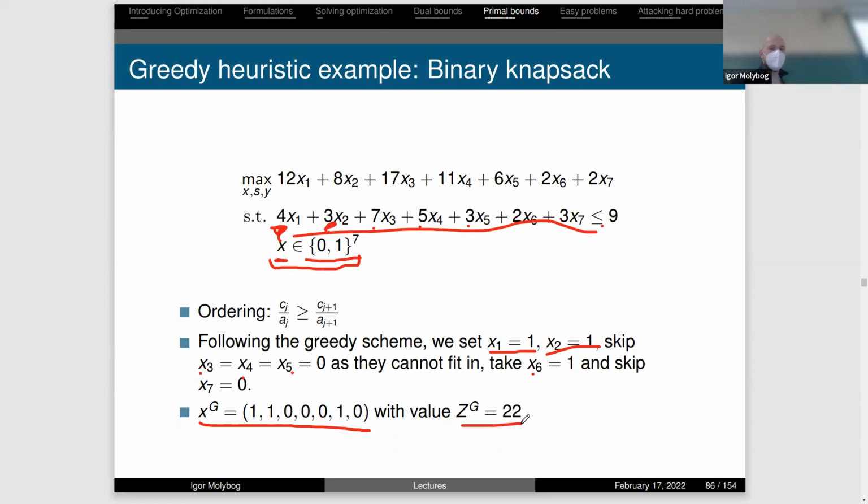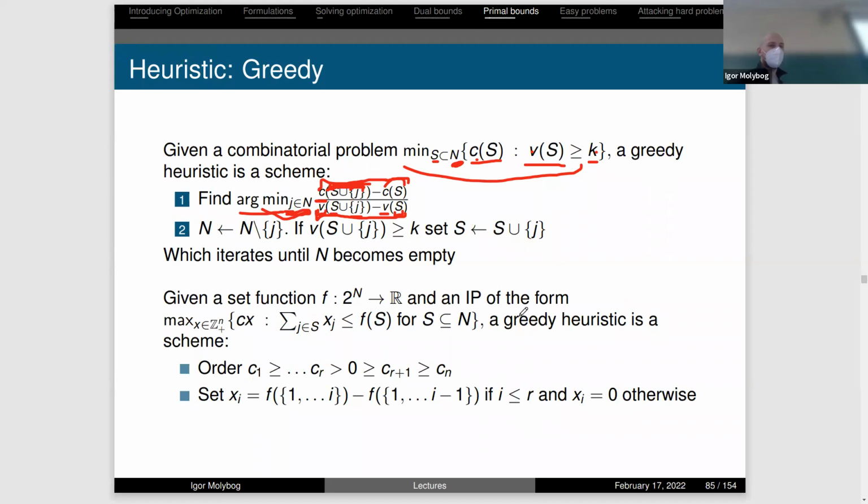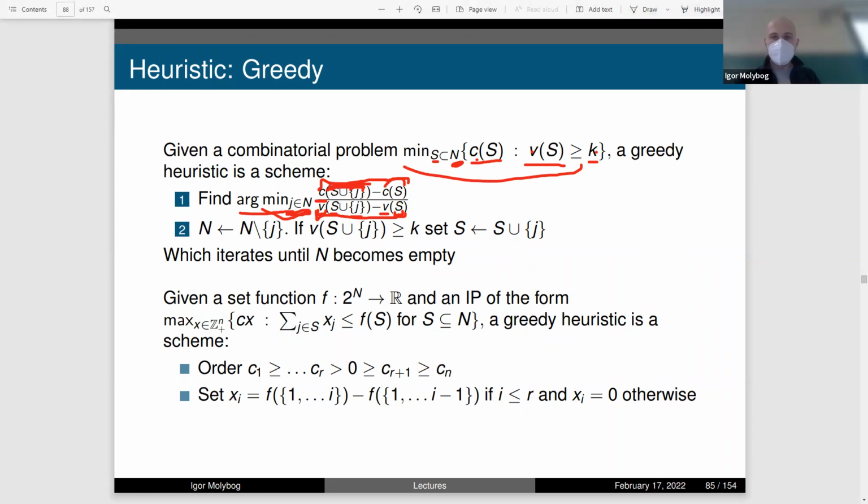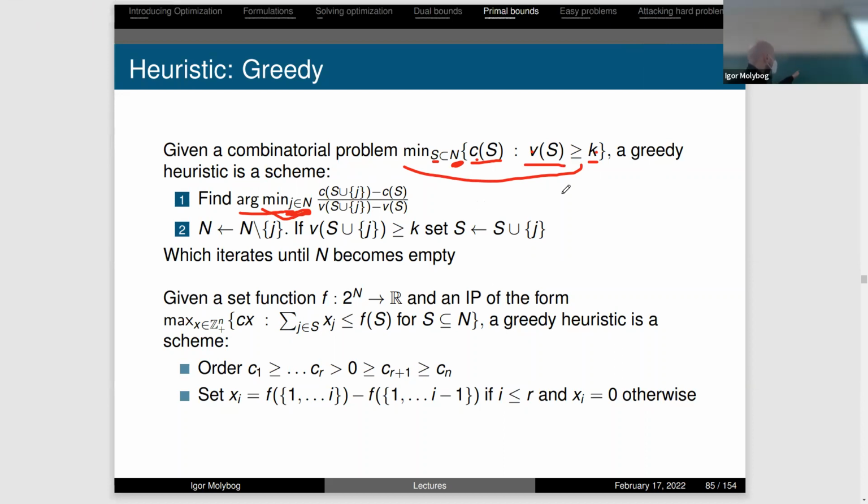Therefore, the result of the greedy approach in this case would be this vector with value 22. Now, more generally, what we just did, when we were ordering, we basically were picking objects. So our set S, the subset S, was the set of objects from 1 to, let's say, J, that we have already gone through.